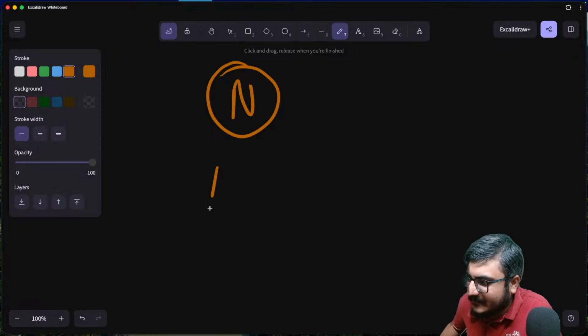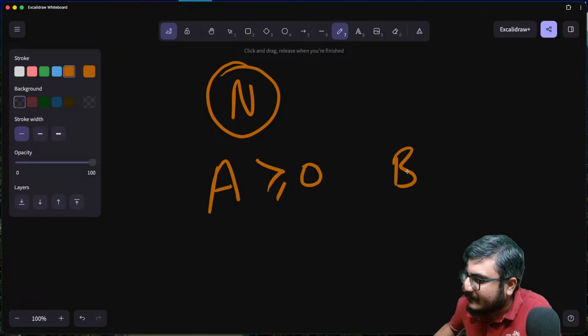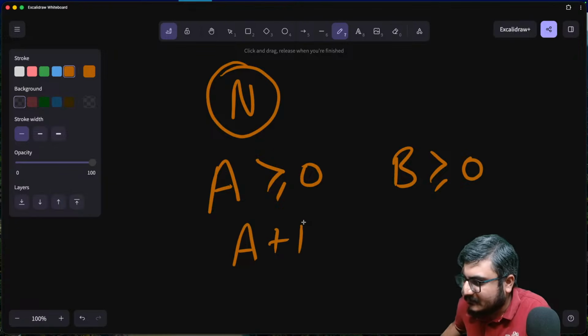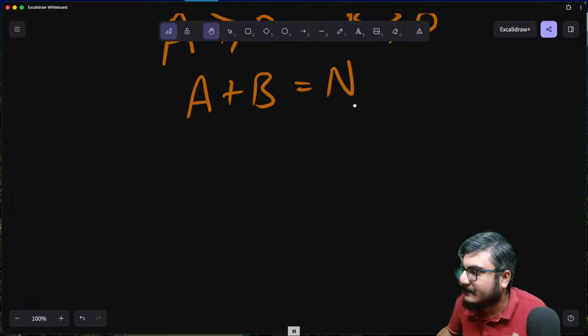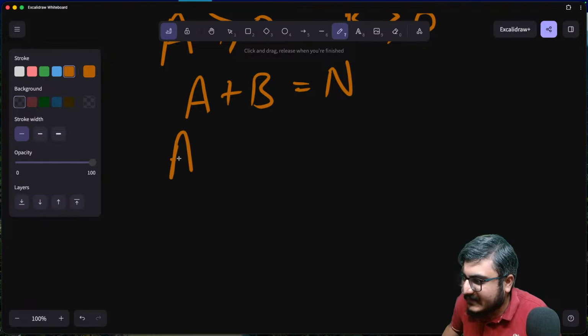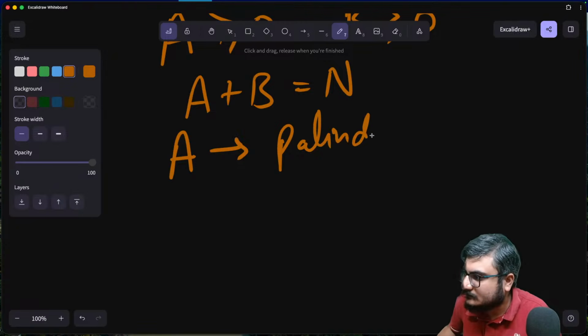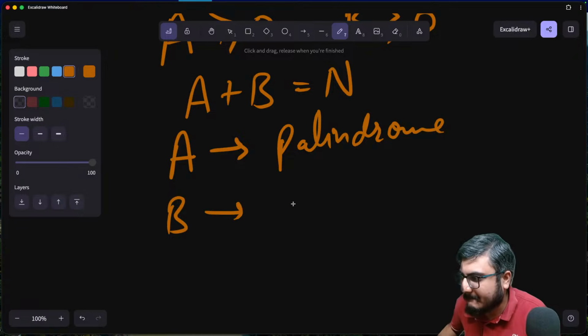We have to find two numbers such that a is greater than or equal to 0, b is greater than or equal to 0, a plus b is n, a is a palindrome, and b is divisible by 12.